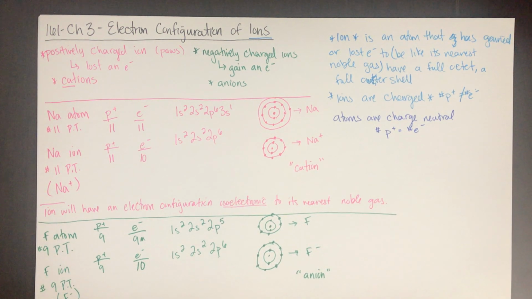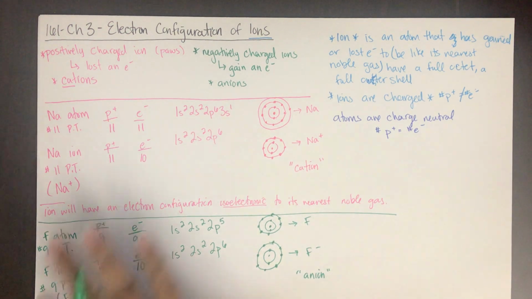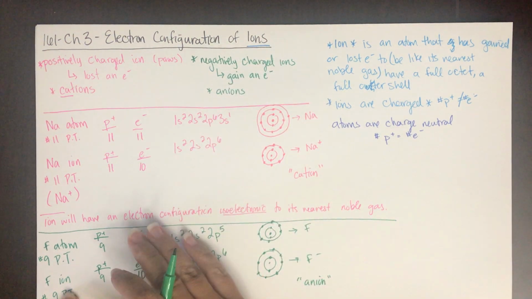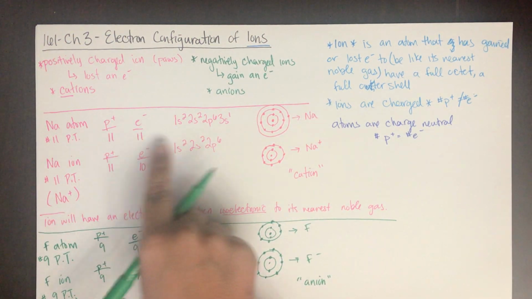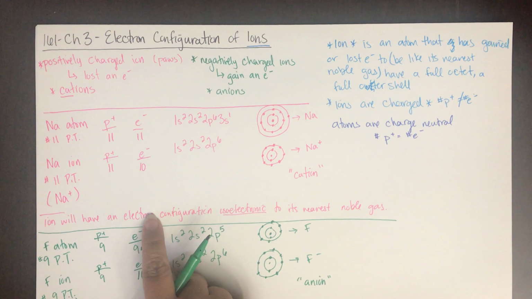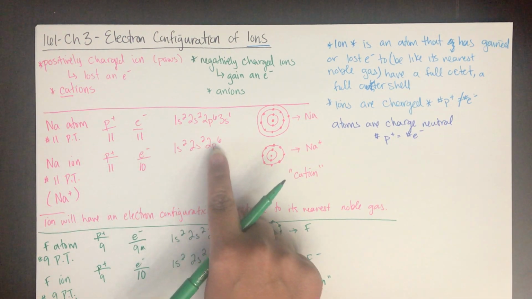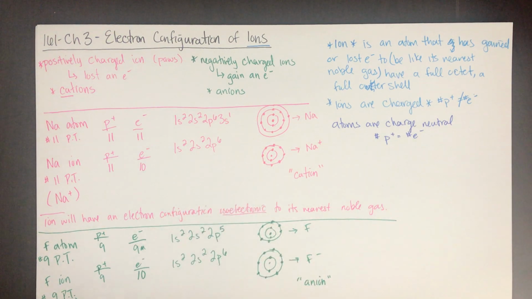So when you're asked about electron configurations of ions, you see what's happened if it's gained or lost electrons, and then you would take that into consideration when you're writing either the electron configuration or the orbital diagram.